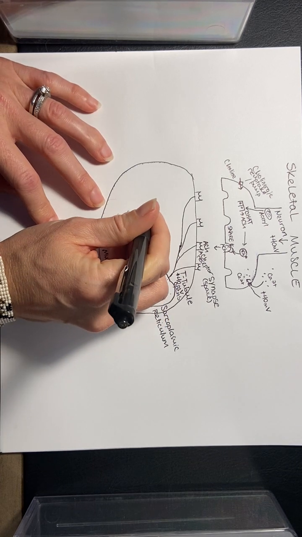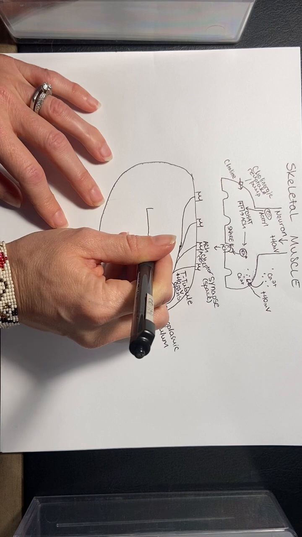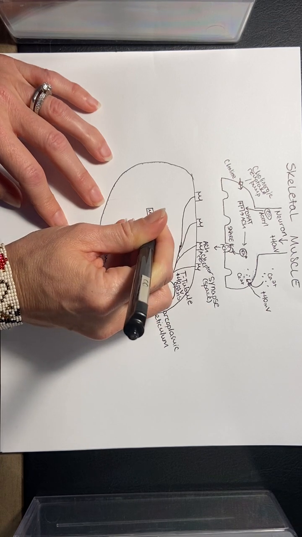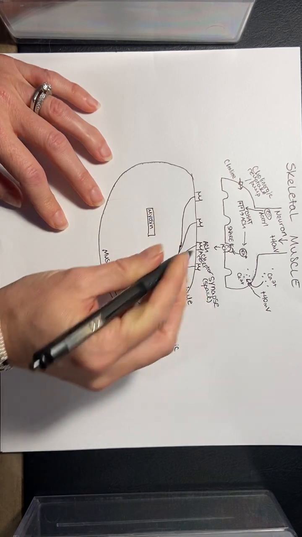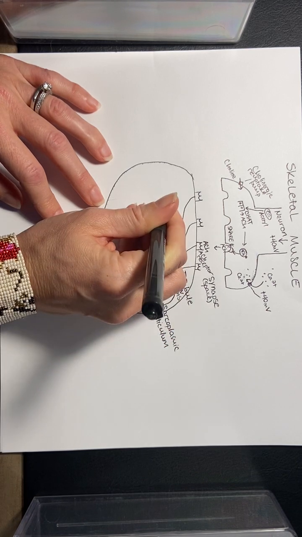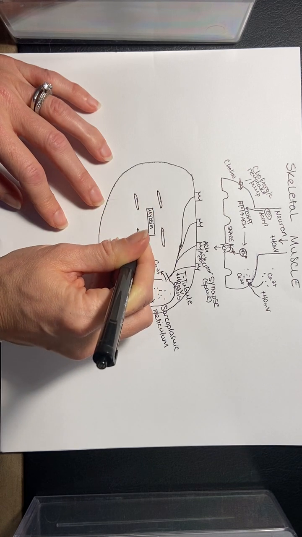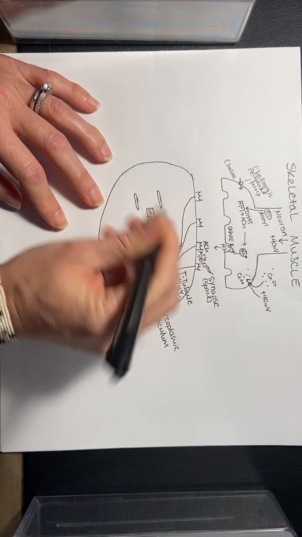So let's draw our myosin-actin complex here. So we draw the thick filament, which is myosin, and then we have our thin filament here, and there's a ton of myosin and actin in the cell. We're just drawing one little sarcomere here.